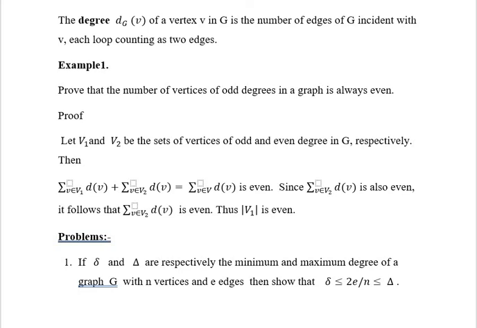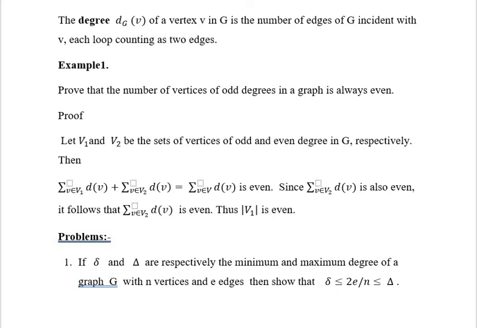Here V1 indicates the vertices with odd degree, and what we have to prove is that the number of vertices of odd degree in a graph is always even. That means, since V1 is the set of odd degree vertices, we have to prove that the cardinality of the set V1 is even. Now we know that the total degree of the vertices in a graph is always even.